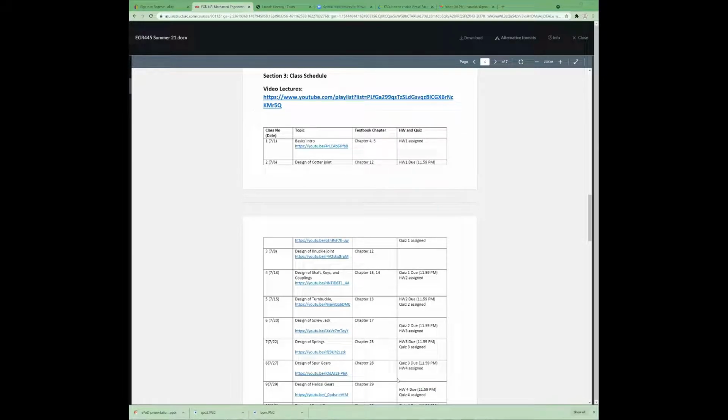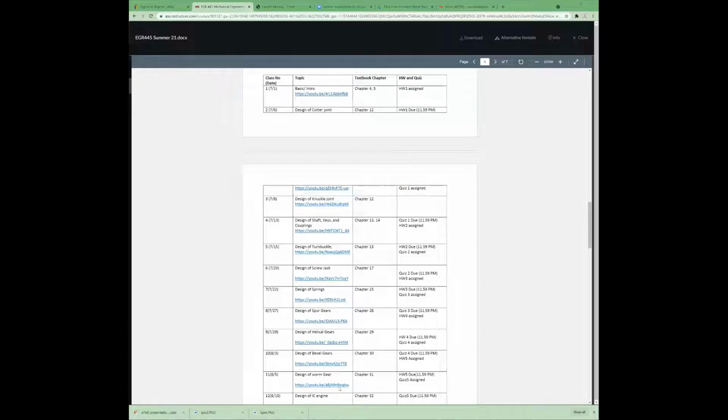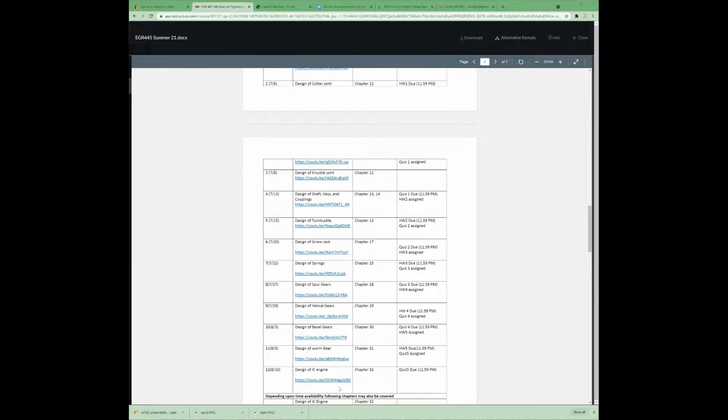Then we have design of spur gears. We will talk about how to design the spur gears, what are the design considerations. Then we will have design of helical gears. Then we are going to have design of bevel gears. Then we have design of worm gear.